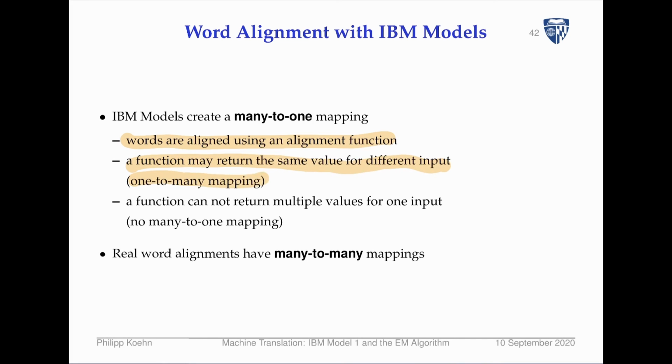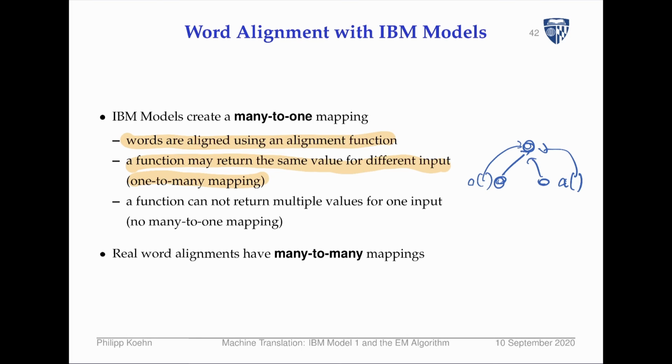So we had that with very and small both being aligned to klitzeklein. So we had two English words mapped to the same German word. That's still fine because we had alignment of this pointing to that and alignment of this pointing to that as well. That was still fine.